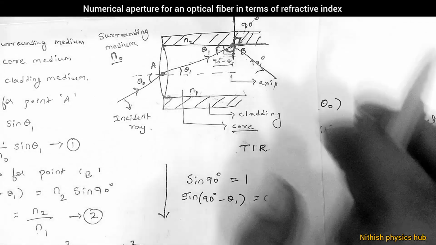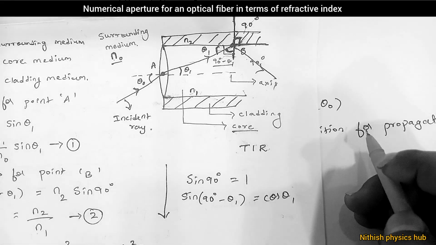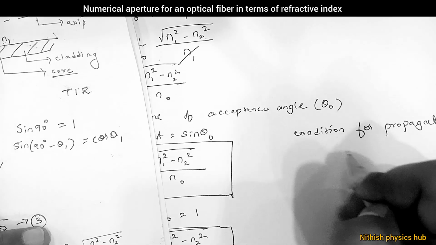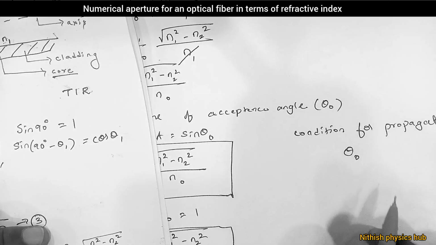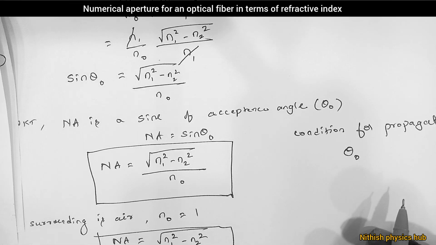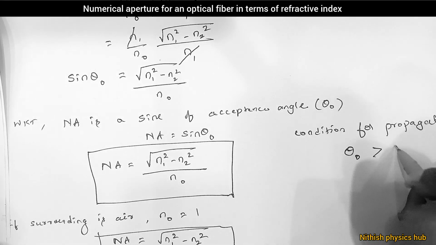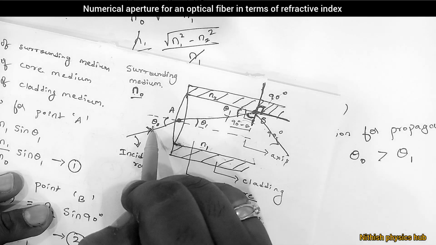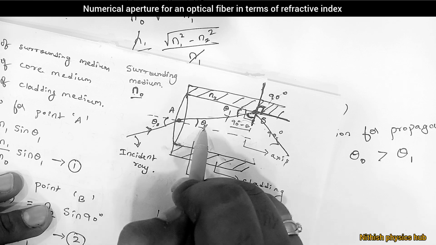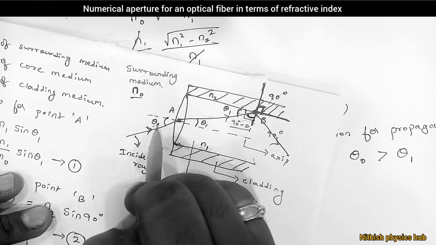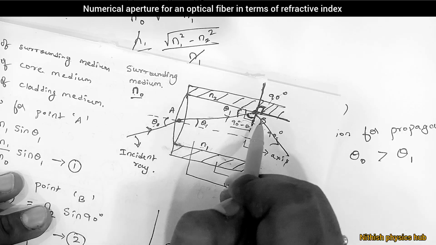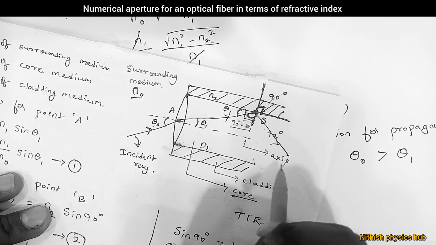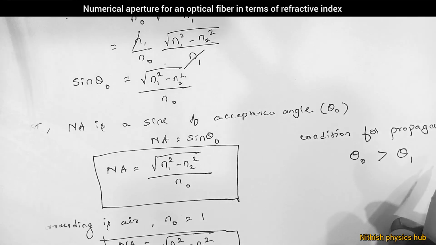If this is to happen, what is the condition I need to make? Just observe: the angle of incidence theta naught should always be greater than the angle of refraction theta 1. If this angle is greater, then the ray will be bending and will go beyond 90 degrees. That is called total internal reflection.